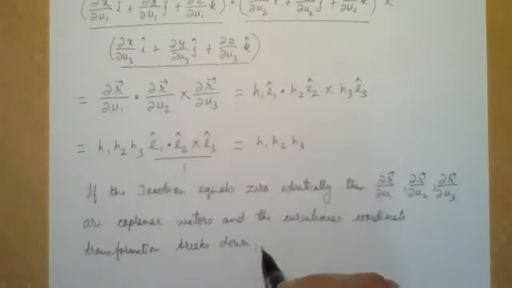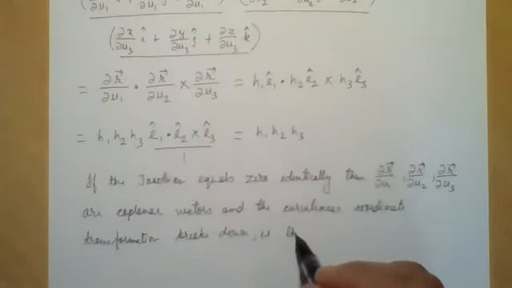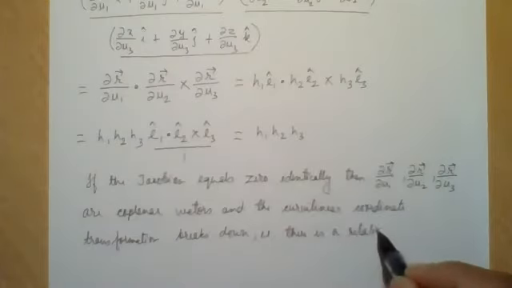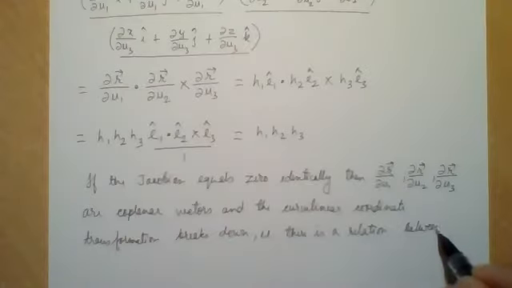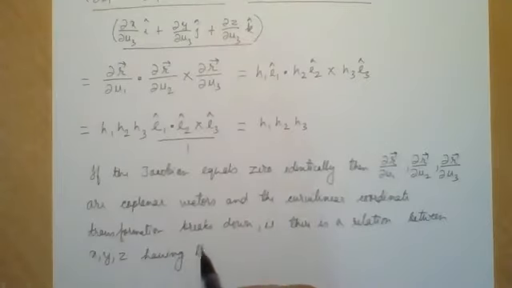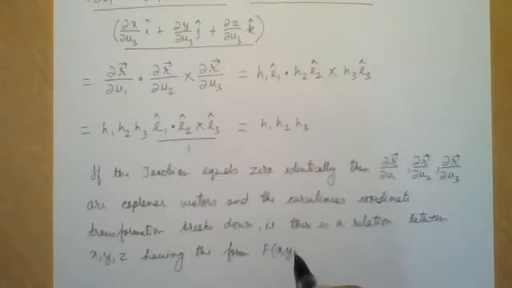That is, there is a relation between x, y, z having the form capital F of x, y, z is equal to 0.